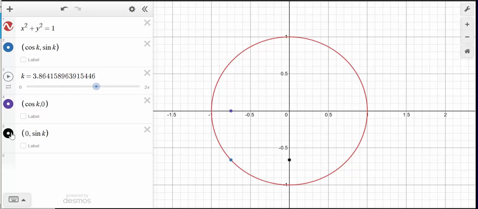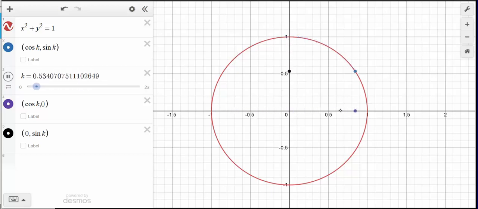Now let me throw in the vertical. Here's the vertical. Notice now it's just tracking the vertical coordinates. This represents the y component. So it looks like we have three functions involved here, three different things that we're looking at. We're looking at the vertical component, which is its own function. That's sine theta, in this case sine k.